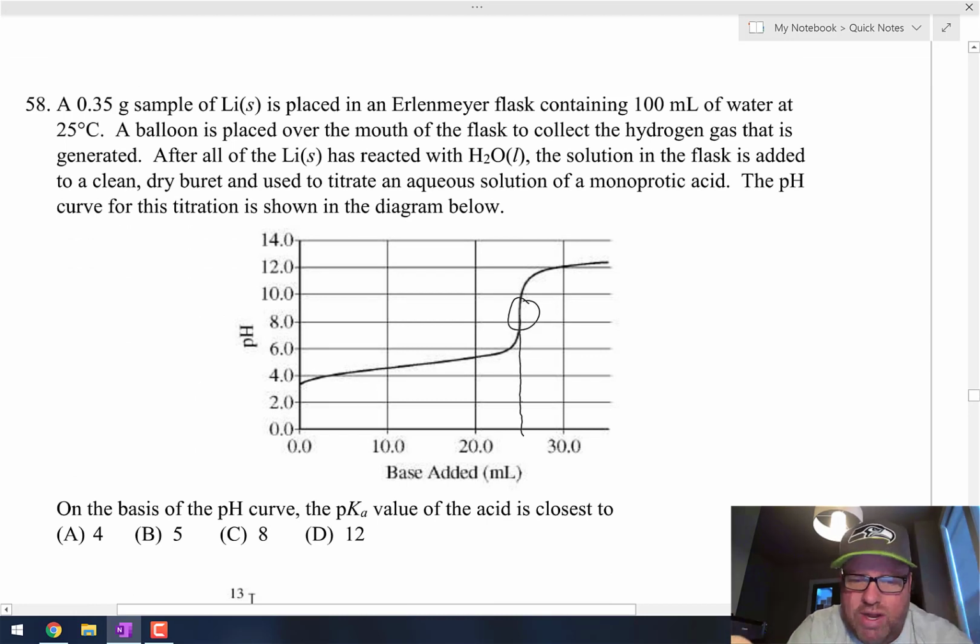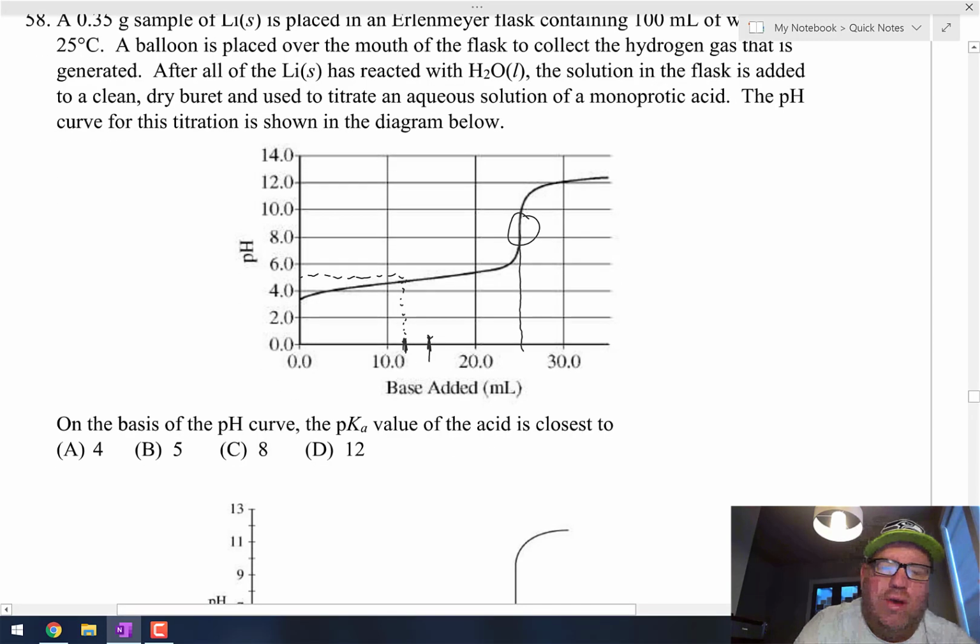So the equivalence point is right around 25, which means the half equivalence point is half that volume. So about 12.5 would be here, come up, come over, and the pH is right around 5, which means the pKa is also right around 5. So the correct answer is B.